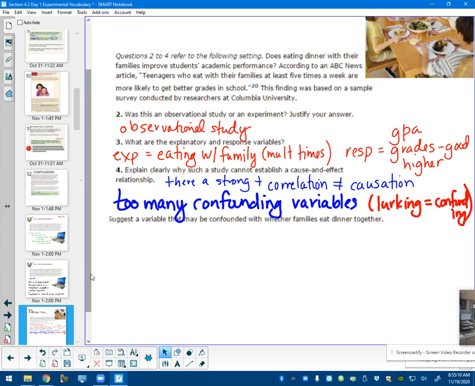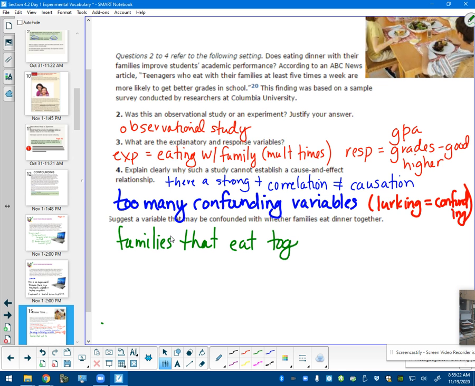Families that eat together means probably what else? What else could it mean? I'm taking volunteers. Thank you, Molly. The kids may not be as busy.